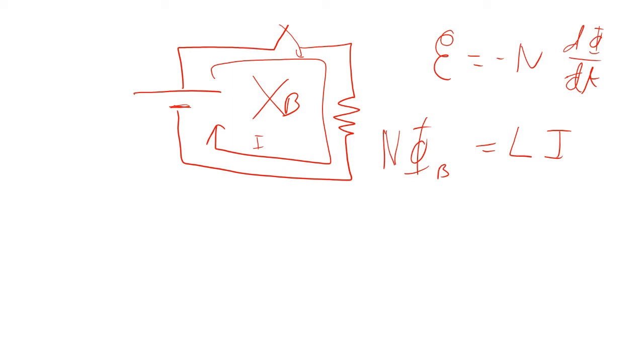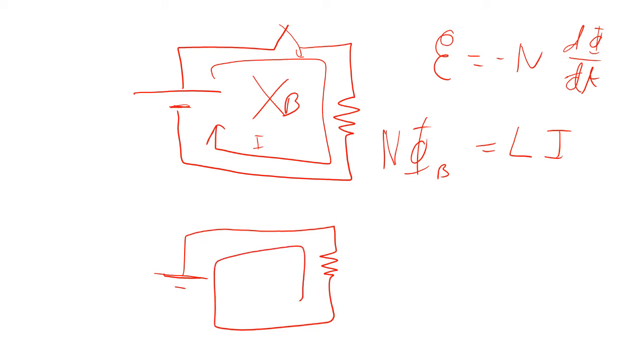Because I can imagine a circuit in which, instead of just drawing it like that, it comes down like that, and then we make several loops here before we come back and connect. That's going to have more flux in it because you have more loops collecting the flux, with the magnetic field going through more loops.